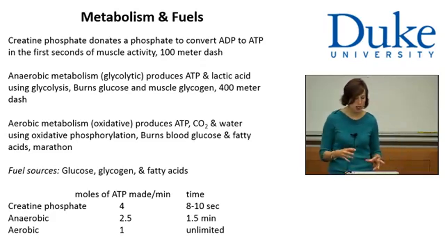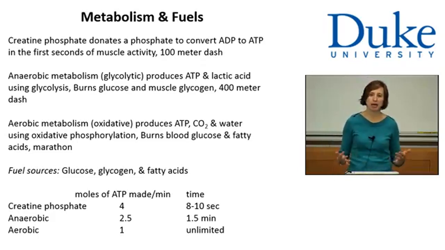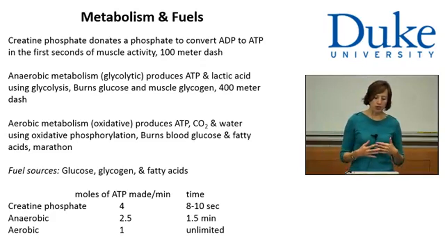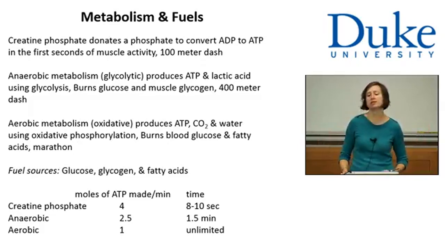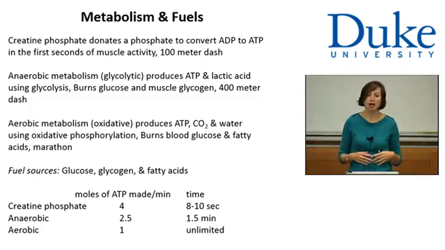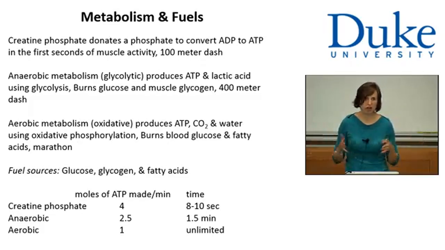We're going to switch gears to talking about metabolism. We know that we're going to need ATP in addition to calcium to be able to have the cycling of the myosin heads and to shorten the muscle cells. And so what is that source of ATP going to be? When muscles start contracting, they're going to have a certain pool of ATP that they can use, and that will only last roughly a second.